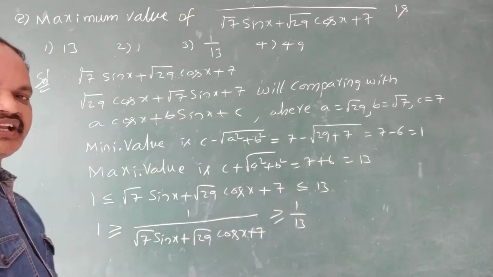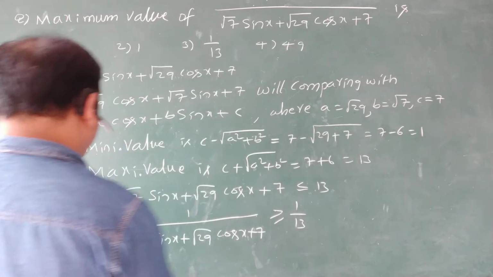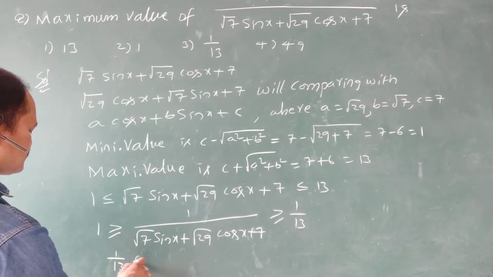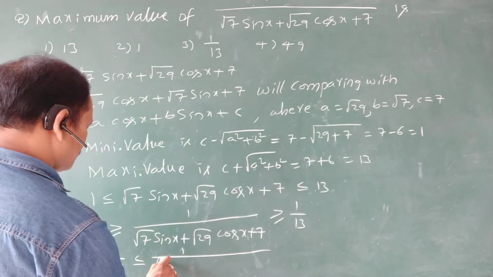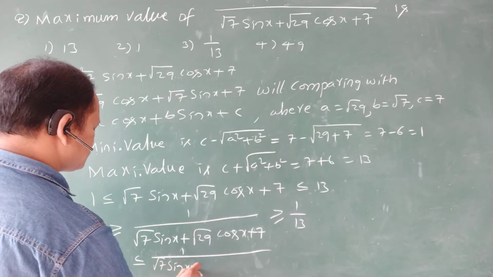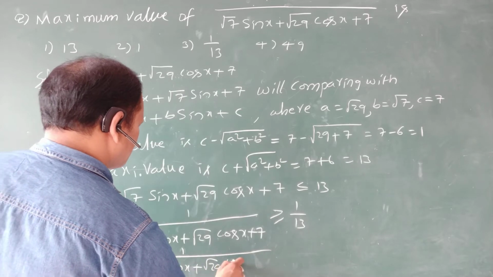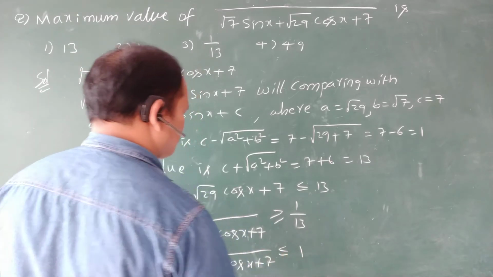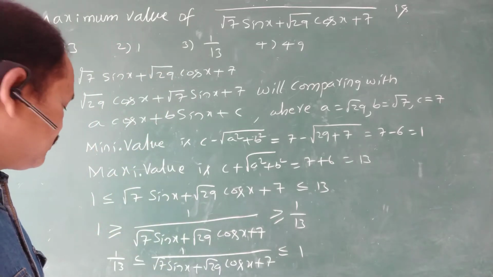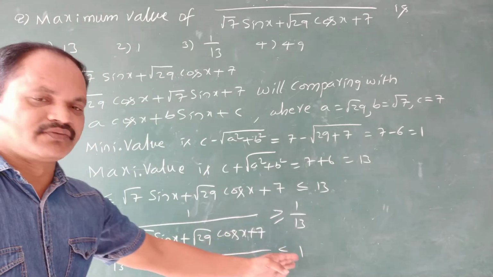Now we rearrange this: 1 by 13 is less than or equal to 1 by root 7 sin x plus root 29 cos x plus 7, which is less than or equal to 1. That's why the minimum value is 1 by 13 and the maximum value is 1.